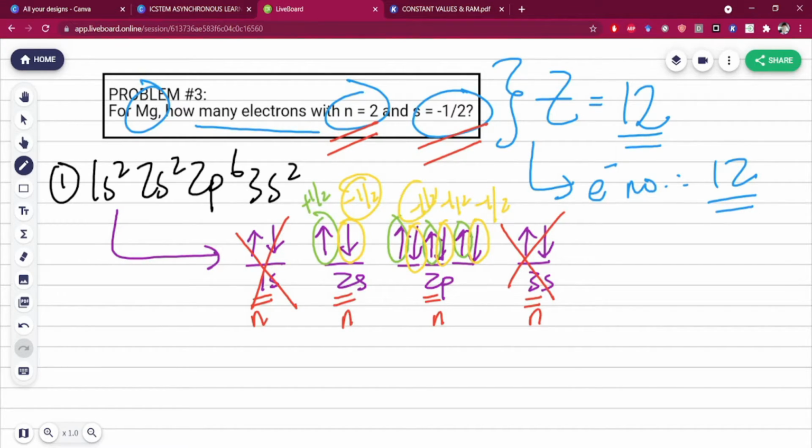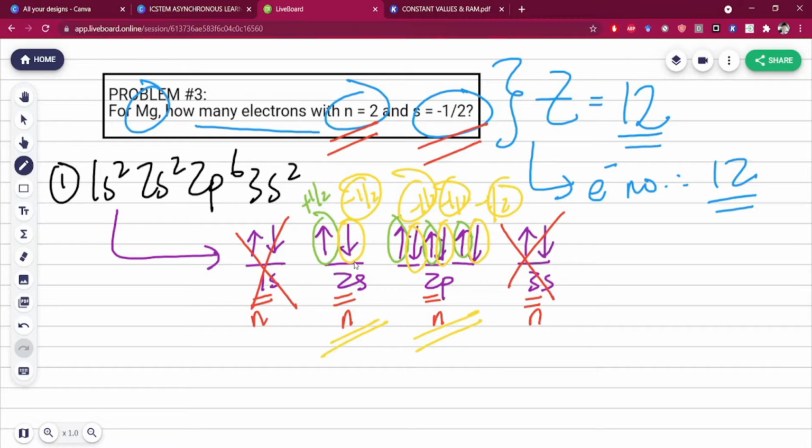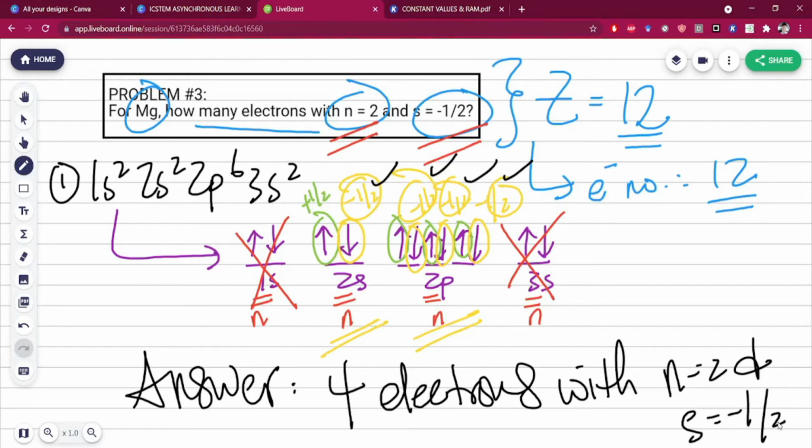We have 1, 2, 3, and 4, with n equals 2 and s equals negative half. Therefore, the answer is 4 electrons. If you want to write this down, it's okay: n equals 2 and s equals negative half.